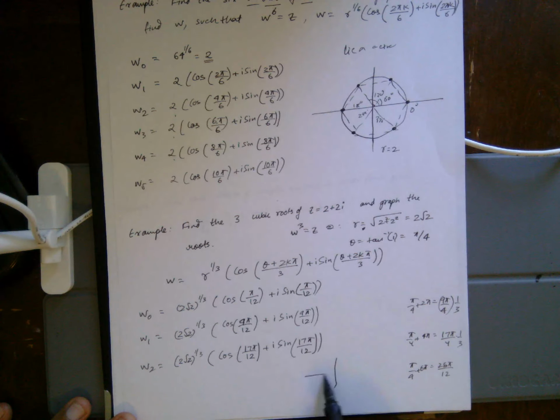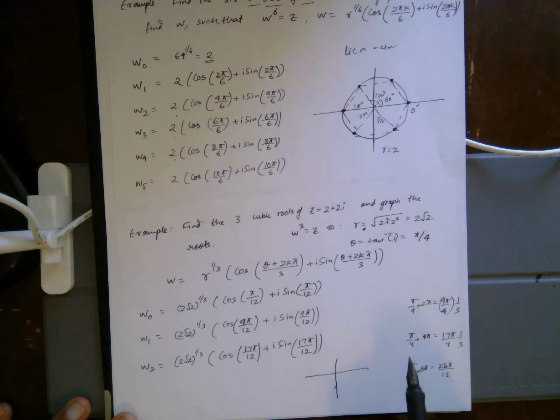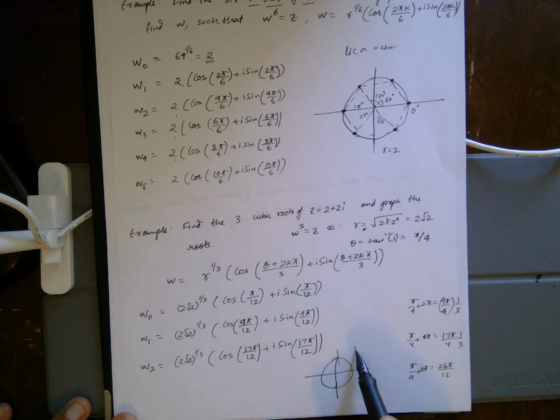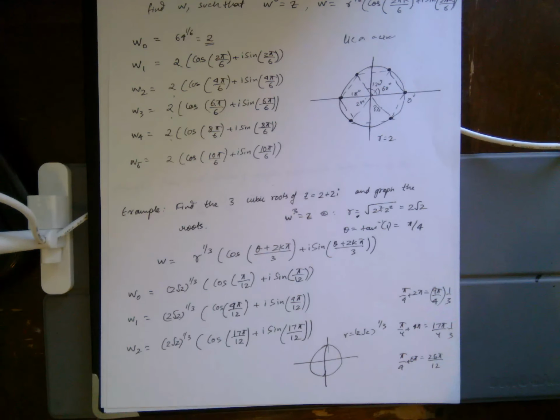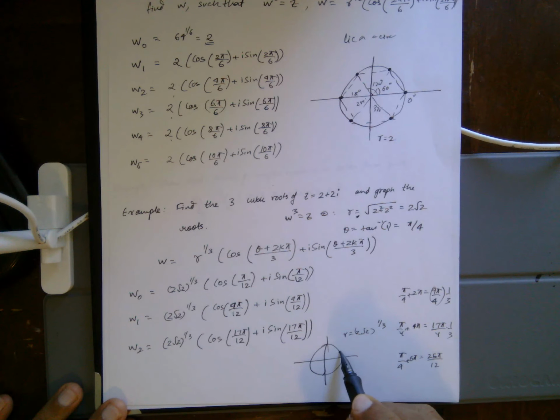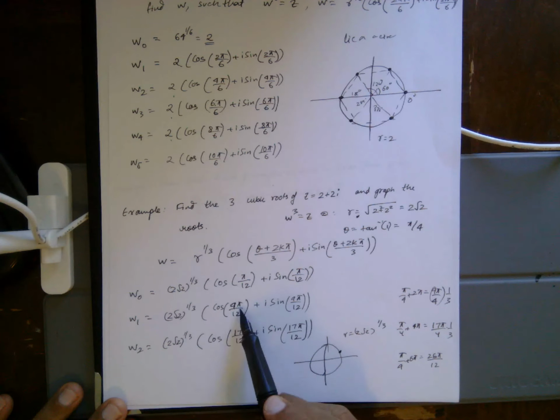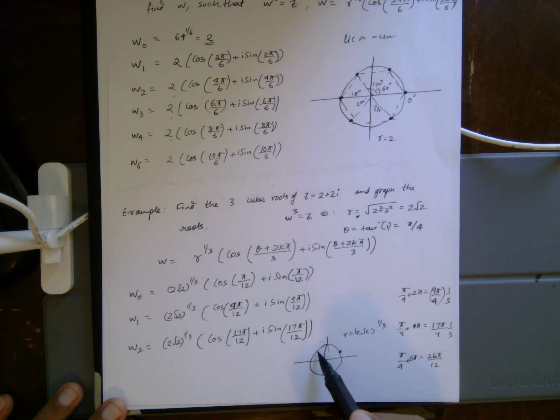So if you plot this out, again, you're on a circle of this radius, 2 root 2 to the 1/3. You start at an angle pi over 12. Pi is 180, so pi over 12 is roughly 15 degrees. So you start at 15, and then you move on to 3 pi over 4, which is 135.